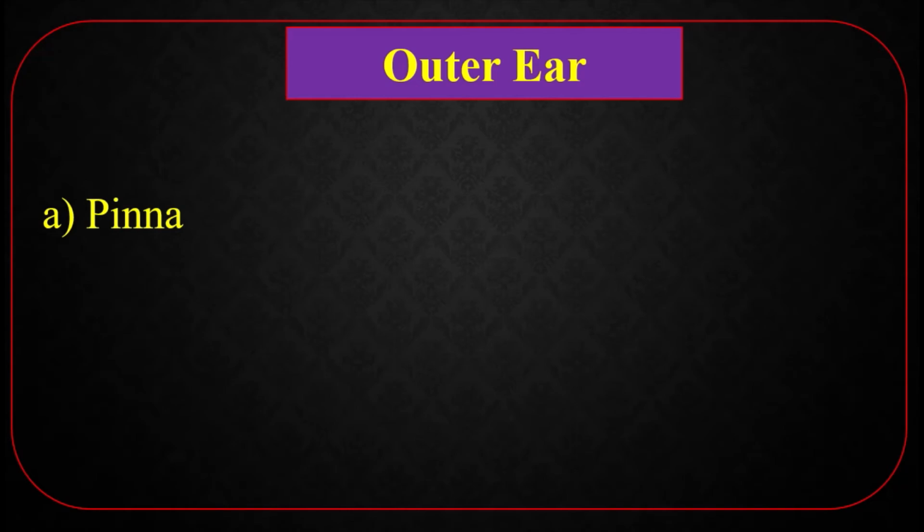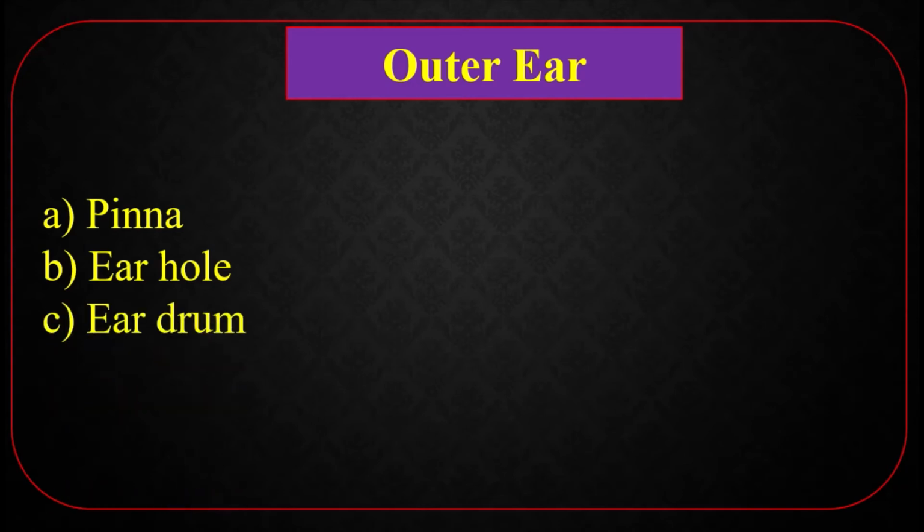Number 1 pinna, number 2 ear hole, number 3 eardrum. Pinna is a part of the outer ear. It is a flap of skin and cartilage. Its main function is to direct sound into the ear hole.